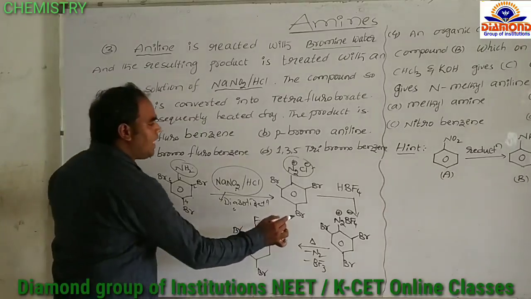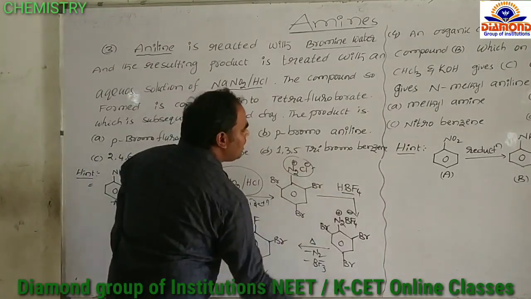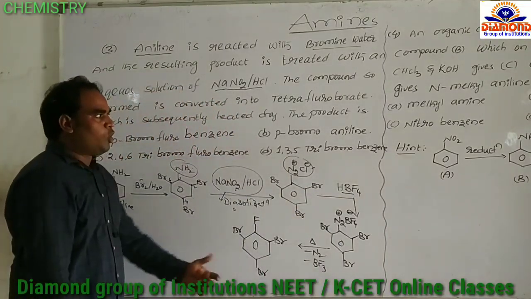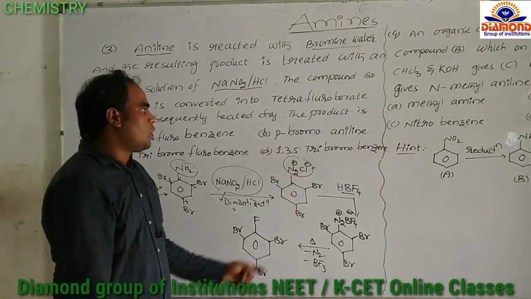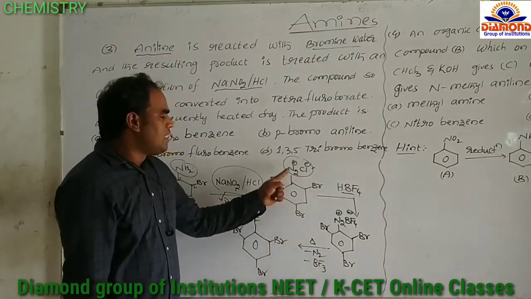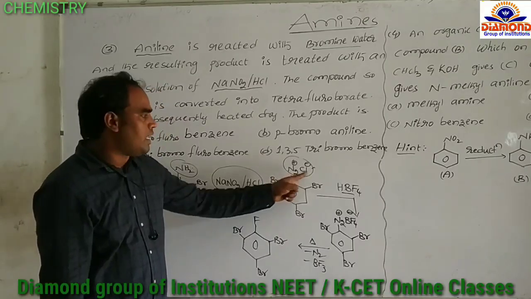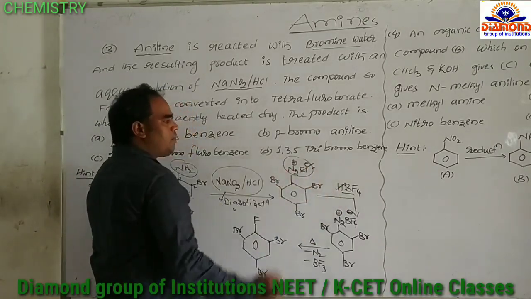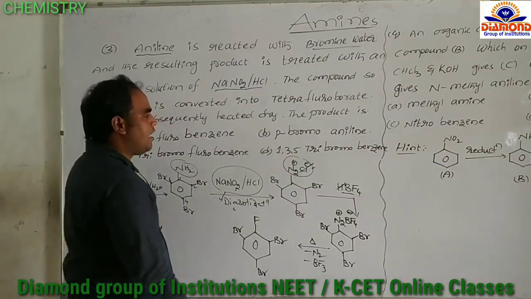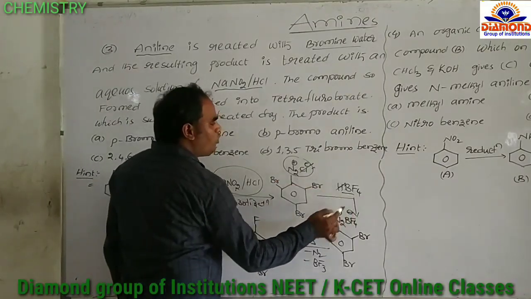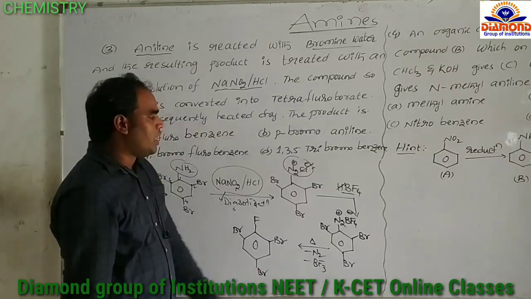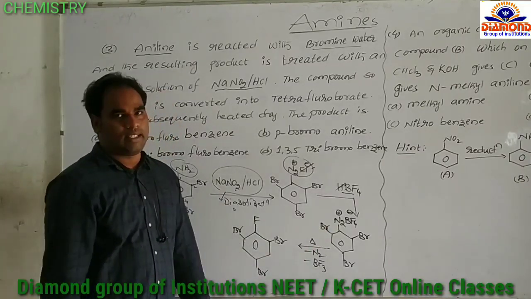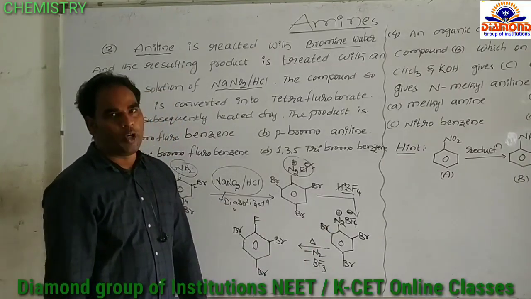Next, that diazonium salt reacts with hydrofluoroboric acid, HBF4. So when the diazonium salt reacts with HBF4, here chloride is eliminated as HCl, and instead of chloride, BF4 minus is introduced. So therefore we get diazonium fluoroborate.